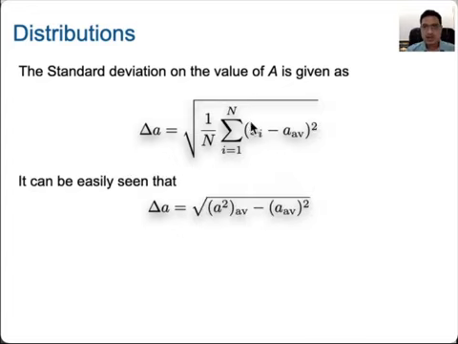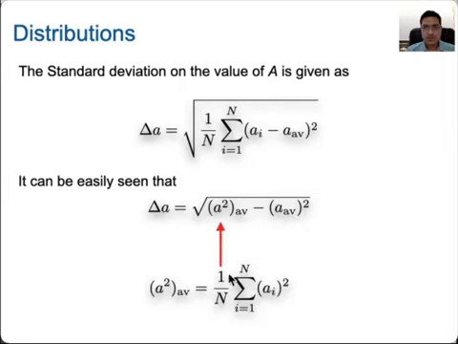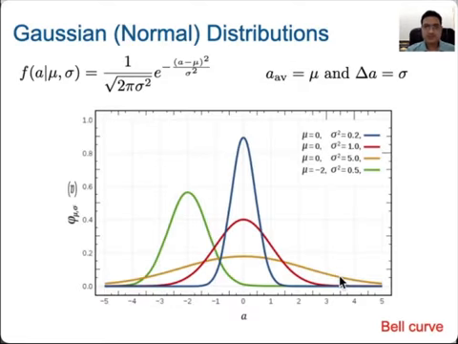It is easy to establish that the standard deviation is written as the average of a square minus the square of the average of a, and then you take the square root.